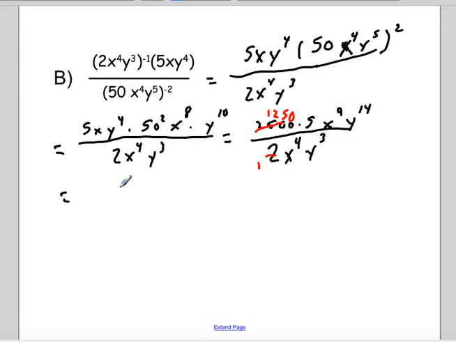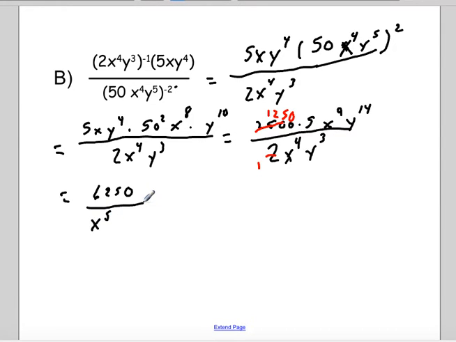So 1250 here times 5 is going to give me 6,250. And then I've got this x to the 9th divided by x to the 4th. I'm going to subtract my powers, and I get x to the 5th.